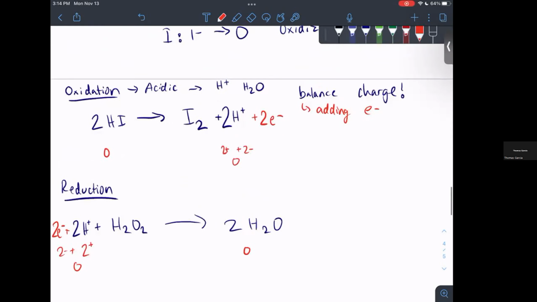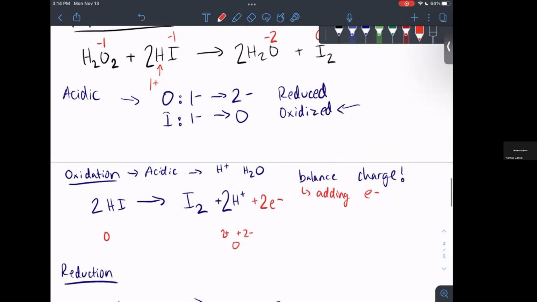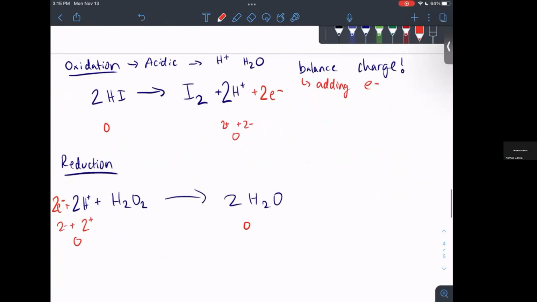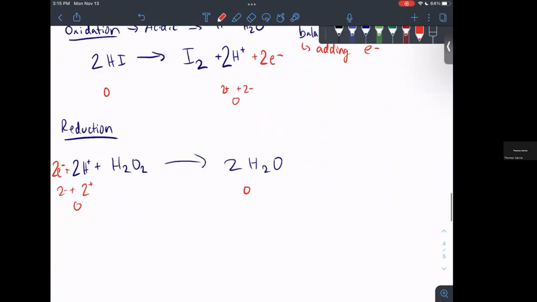So we get our final reaction, this one that we see up here, by combining our oxidation and reduction half reactions. So as we combine them, we'll just notice that we take everything on the left and everything on the right and put them together. But before we do that, we need to make sure that our electrons cancel out. And they will in this case. We have 2 electrons and 2 electrons, so when we balance, the electrons will be fine on both sides.